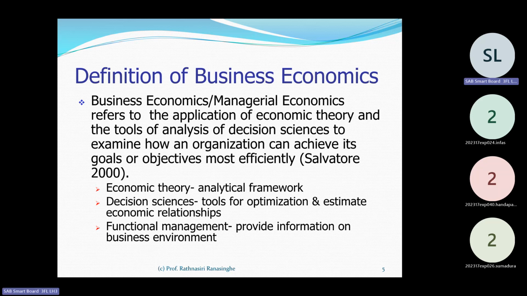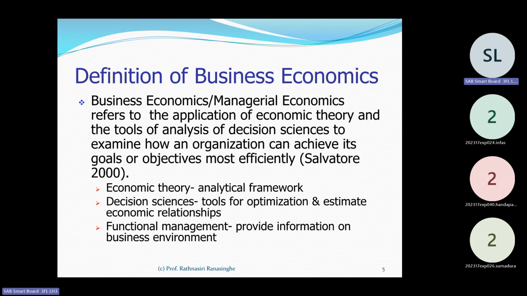With the support of that information, we analyze the situation and combine it with the theory and the decision sciences. Finally, we can come to a conclusion, right? So we apply economic theory and the decision sciences in order to come up with a solution for business problems, right? That is basically done by business economics.